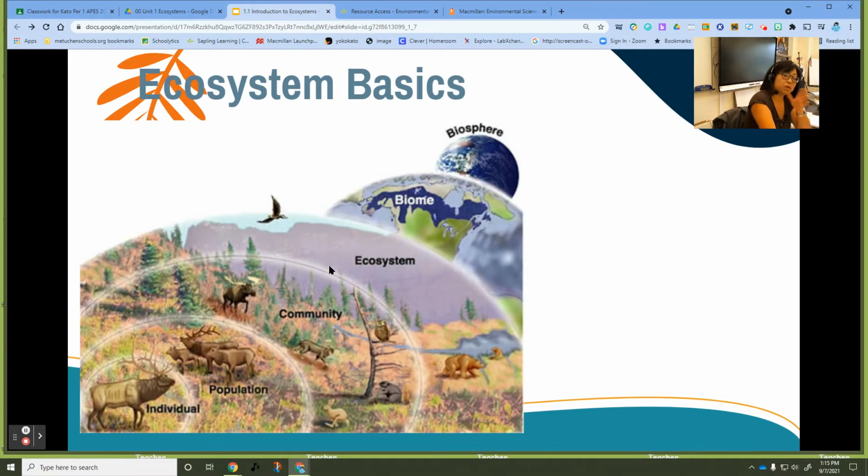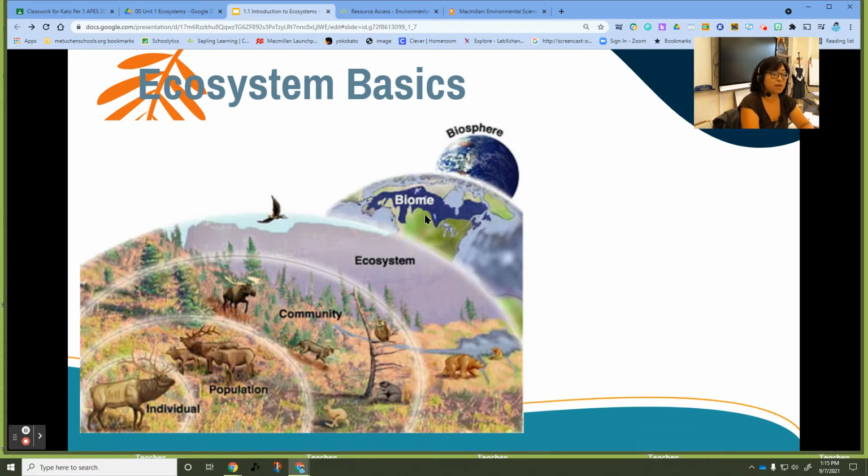When you start including the interactions and effects of the abiotic system, then you're looking at things at an ecosystem level. This is what we're going to get into in the next topics. And within this unit, we're also going to be getting into biomes.